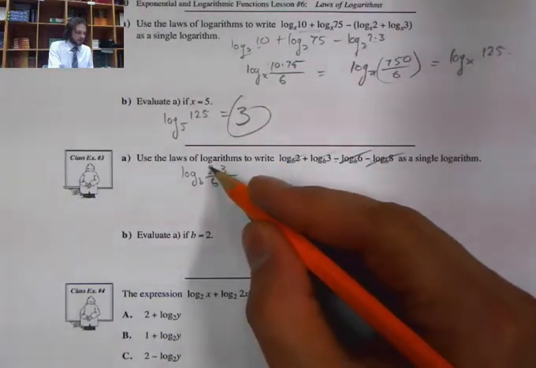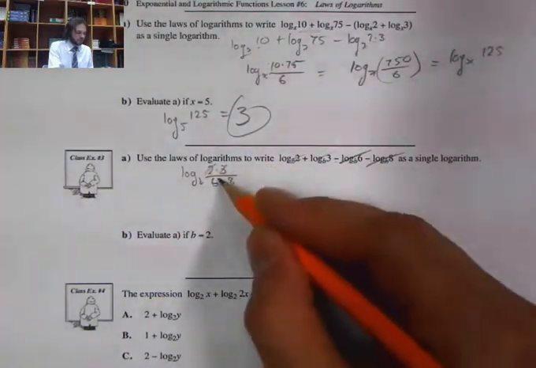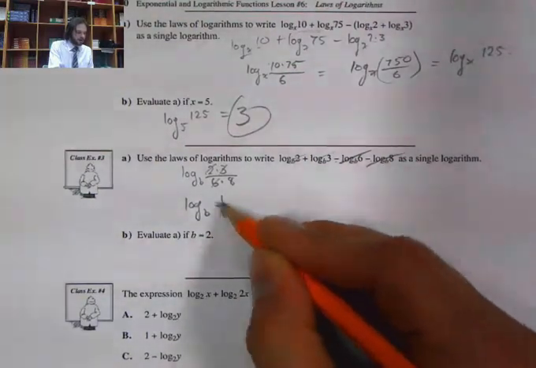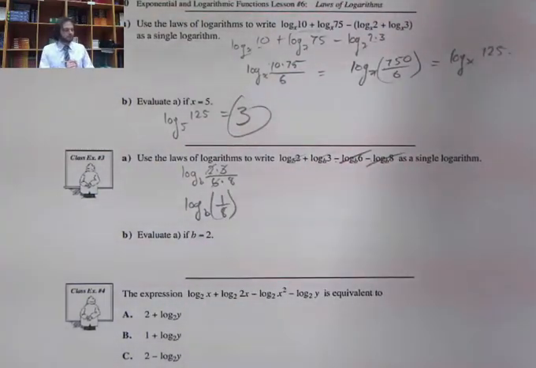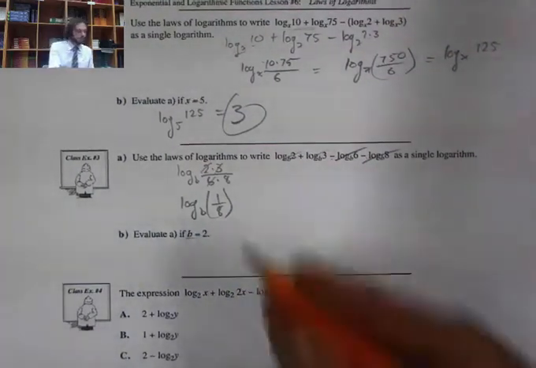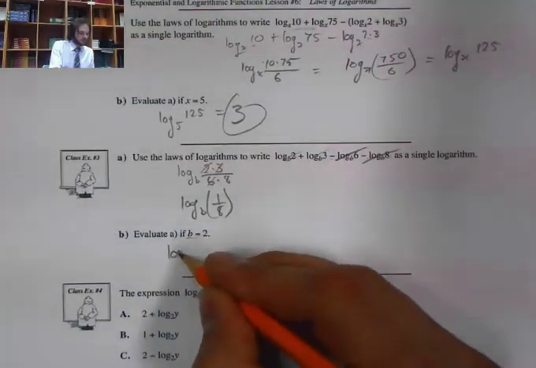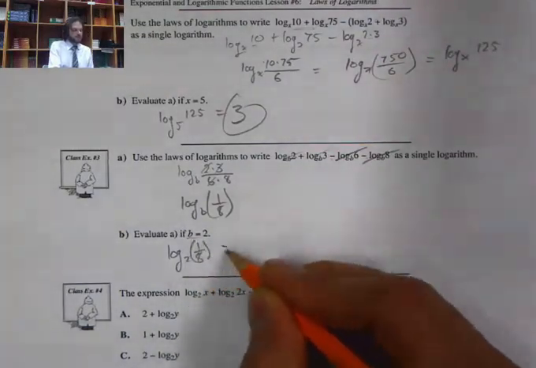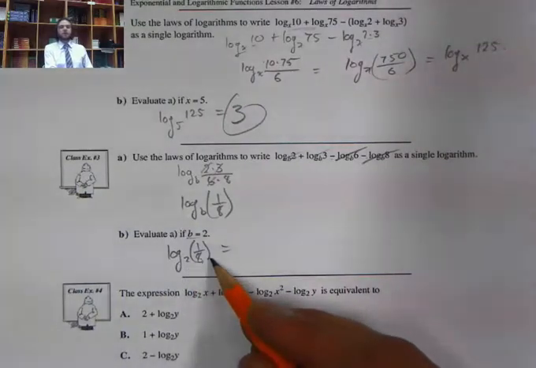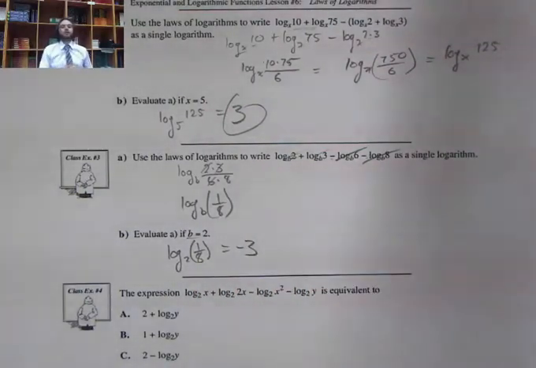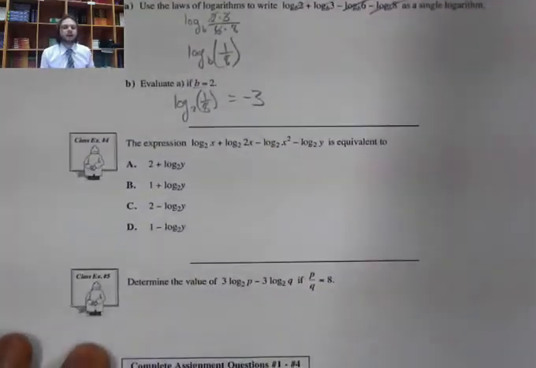This and this can cancel off, so I'm going to get log base b of 1 over 8. That's my answer. Now it says evaluate if b is equal to 2. So log base 2 of 1 over 8. Well, I know 2 to the power of 3 is equal to 8, so 2 to the negative 3 is going to be equal to 1 over 8. There we go.